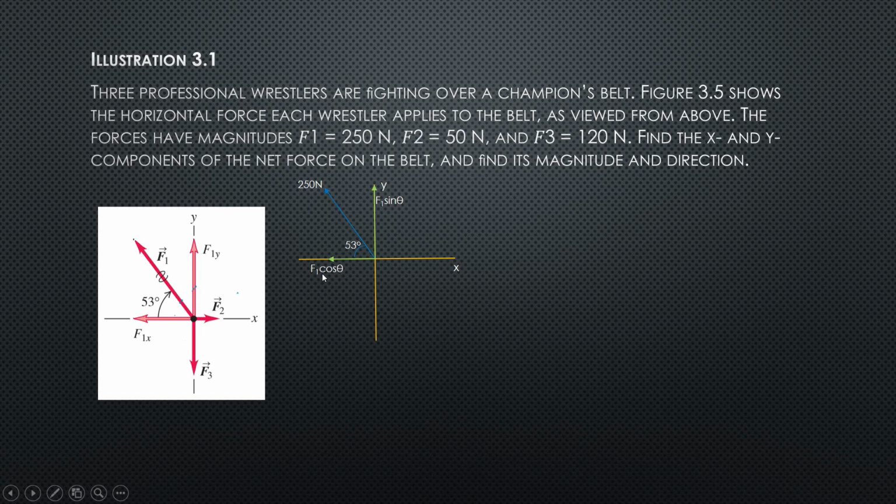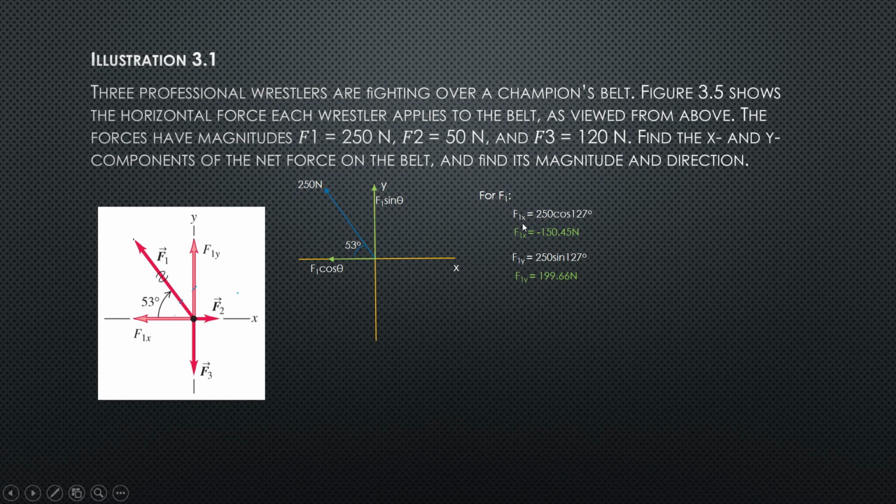The x components of forces are computed with the formula F cosine theta, and F sine theta for the vertical or y component. For force 1, the component along x will be equal to 250 cosine theta, where theta is 127.